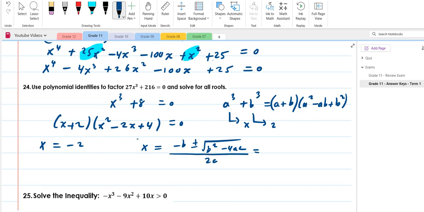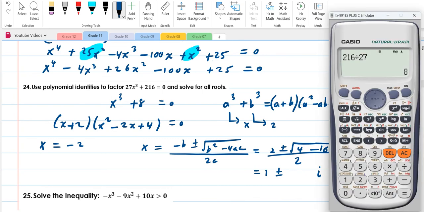Minus b will be, your b value is minus 2, so 2 plus minus b squared will be minus 2 all squared, which is 4, and 4ac, 4 times 1 times 4, minus 4 times 4 is minus 16, so you'll get minus 16 there, divided by 2a, which is 2. 2 divided by 2 is 1, plus minus, if I find the square root of negative 12, remember the square root of negative 12 is i times the square root of 12, and root 12 will give me 2 root 3.